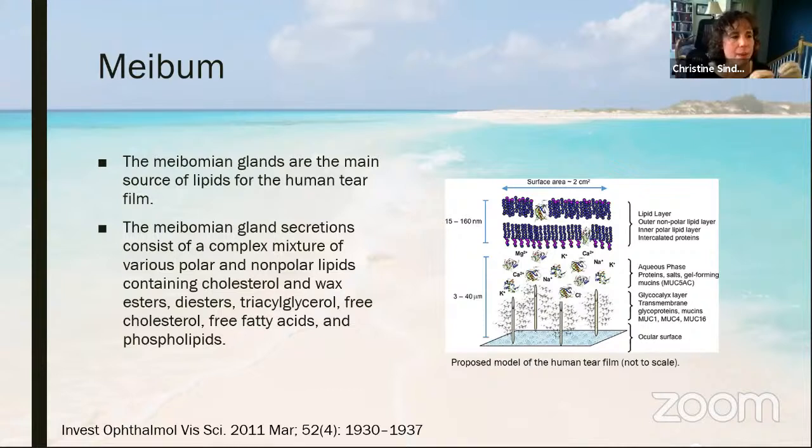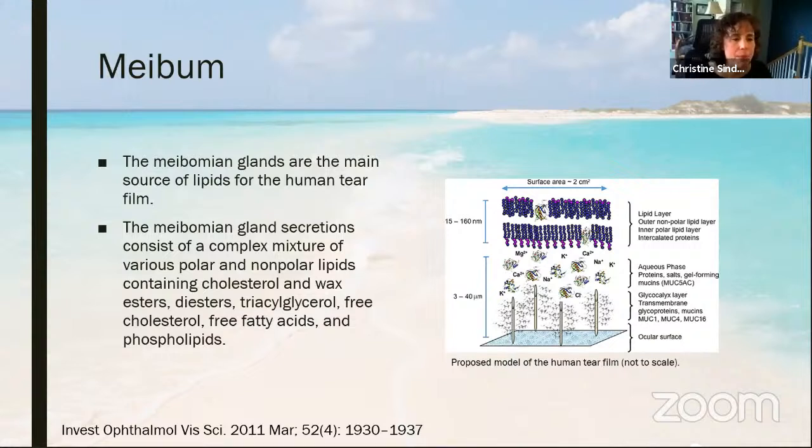So let's first talk about the meibum. The meibum are the oils and the secretions that are secreted from the Meibomian glands, and they're extremely complex. Everybody's meibum is a unique signature to that individual person. So nobody has the same exact composition of meibum in their tears.